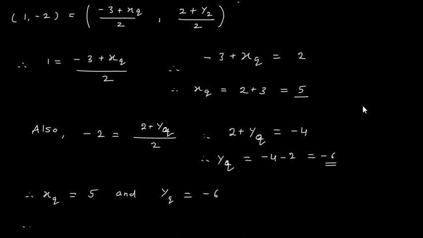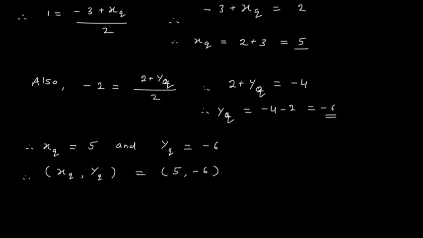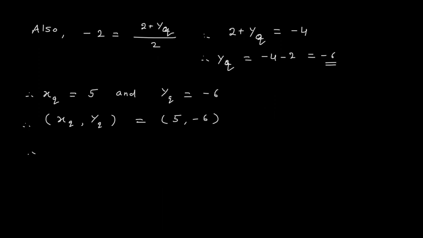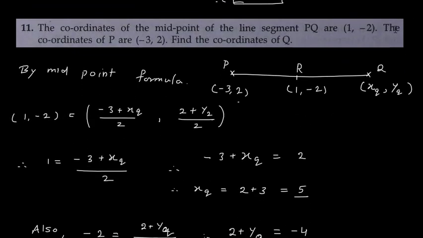So therefore I have xq, yq as (5, -6). Okay, so this is our coordinate of point Q. Point Q is (5, -6). 11th question, so the midpoint formula you have to implement here.